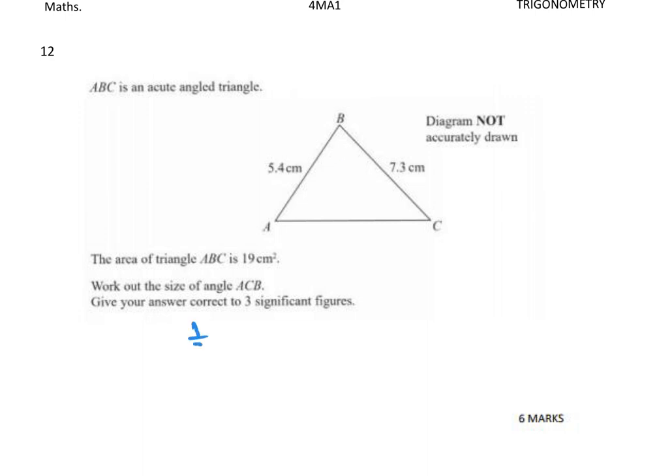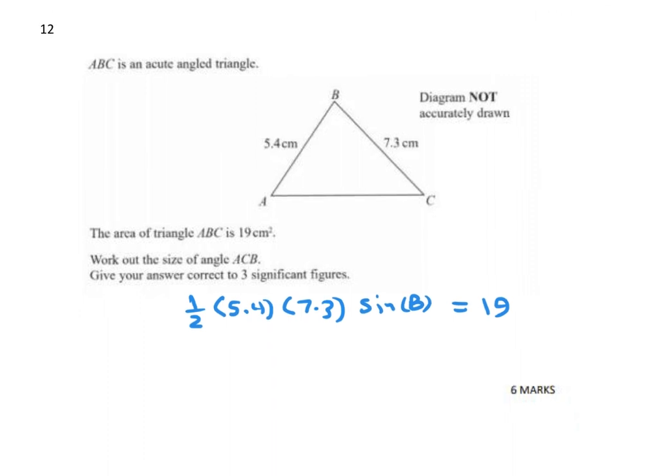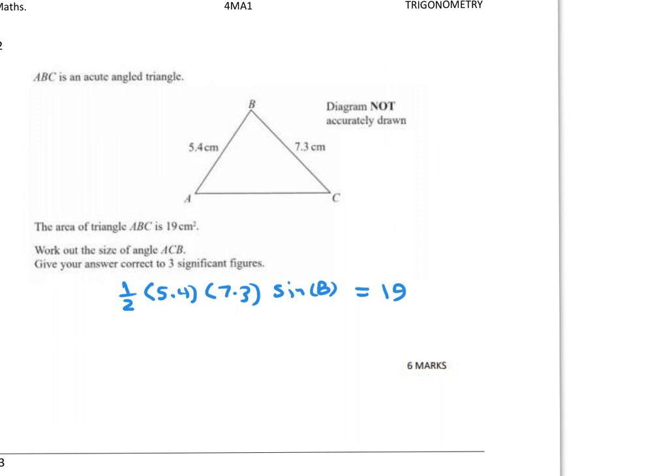So half times 5.4 times 7.3 times sine angle B equals 19. So you can find angle B. Half times 5.4 times 7.3 is 19.71, so sine B equals 19 over 19.71.